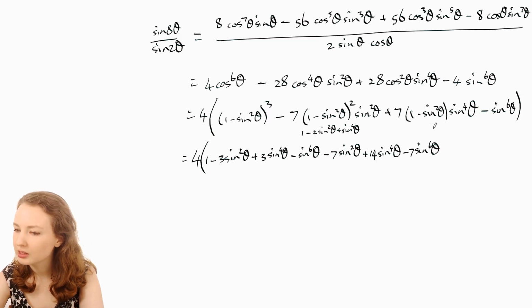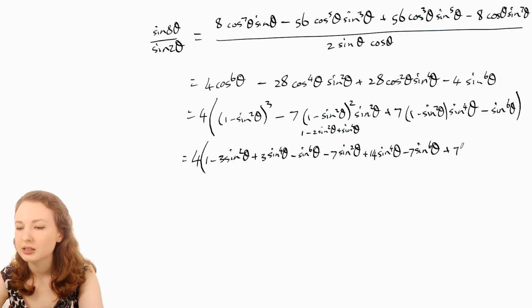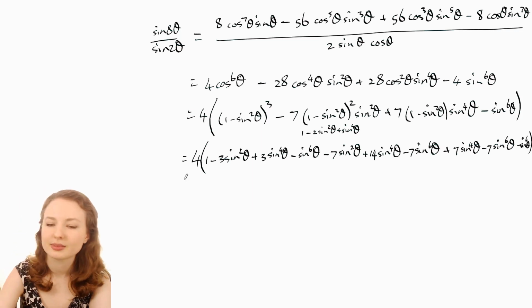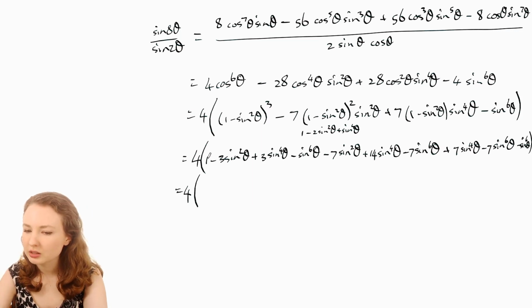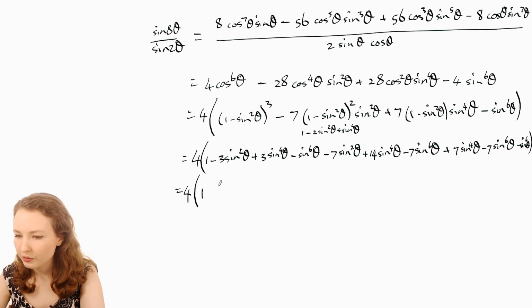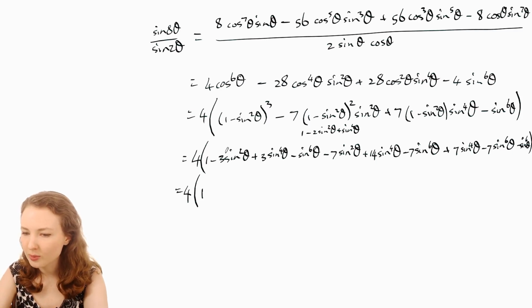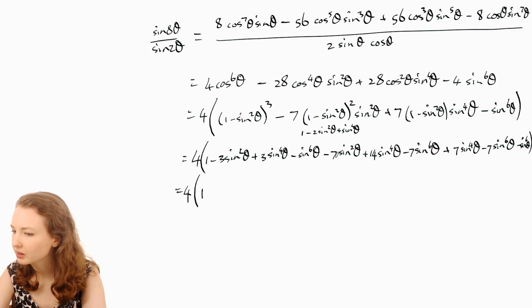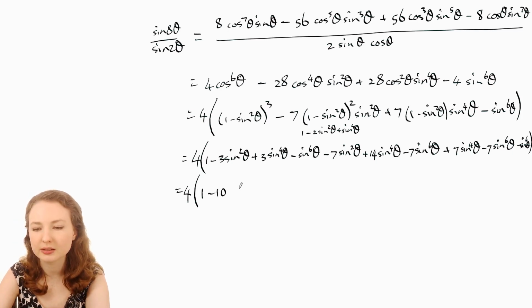And then we've got this bit, so plus 7 sine to the 4th, minus 7 sine to the 6th, and minus sine 6 theta. So we've got 4 times. That's the only constant term in there, so just 1. For the sine squareds, we've got that one and that one. I think that's all, so minus 10 sine squared theta.